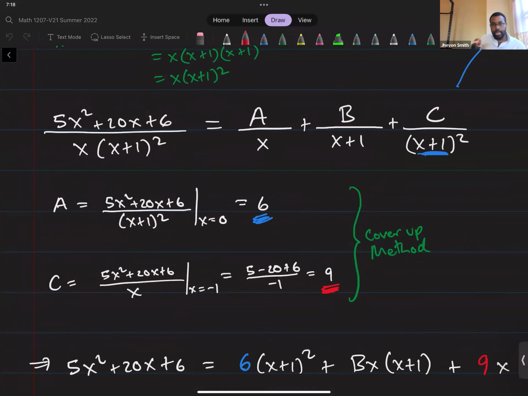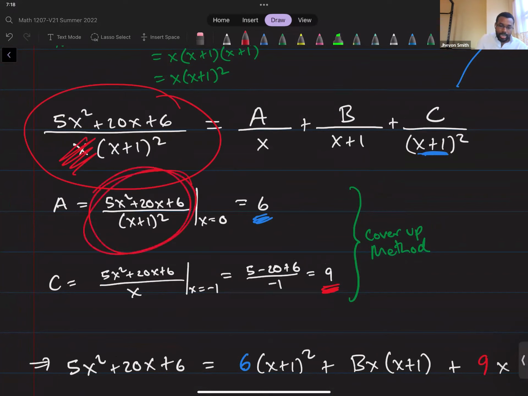If you look at the partial fraction, the denominator of A is x, which means I look at the original thing, which is this guy. I cover up the x, and then I plug in, and that would give you this guy. And then I plug in whatever makes x 0, which in this case is x equals 0. And that will give you the value for A.